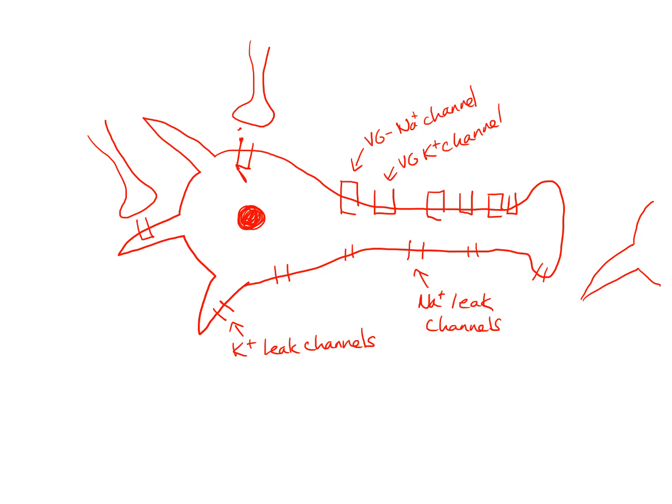And then at the axon terminal, we're going to have some different voltage-gated ion channels. And these are voltage-gated calcium channels. So these will be found just on the axon terminals, and they're going to let calcium into the axon terminal, and that'll trigger the release of the neurotransmitter by exocytosis.